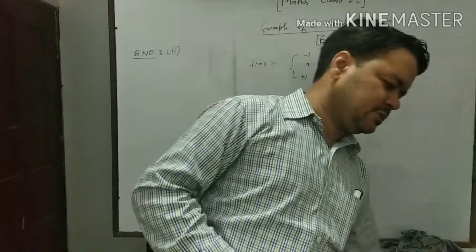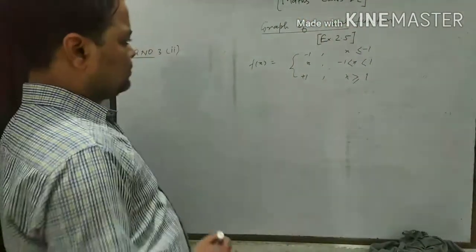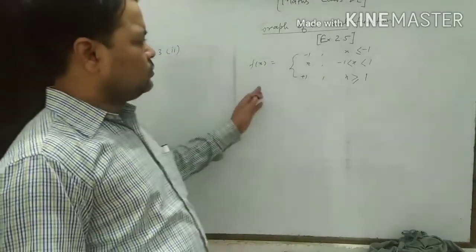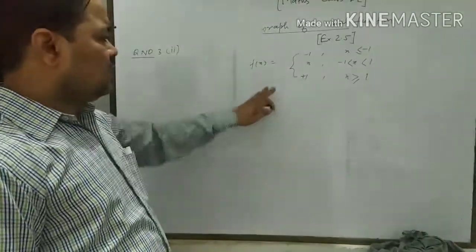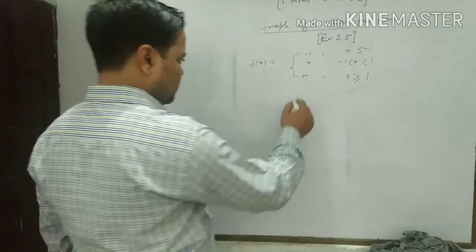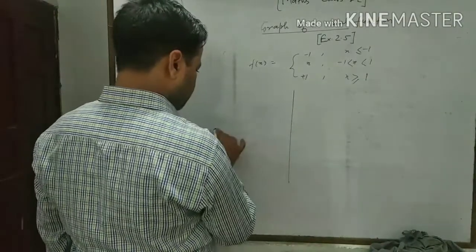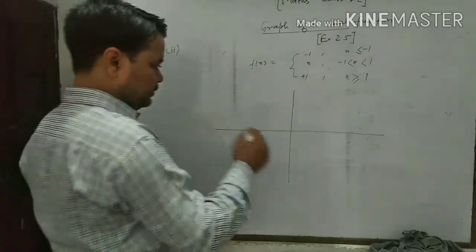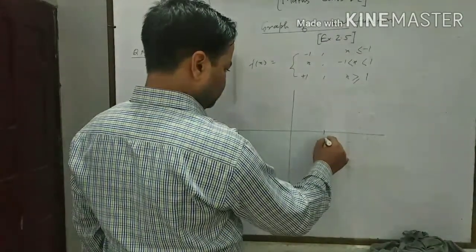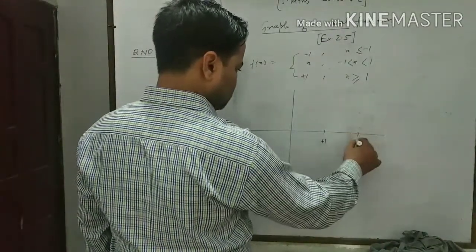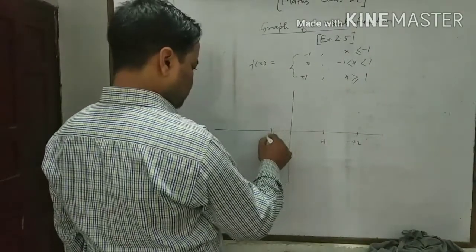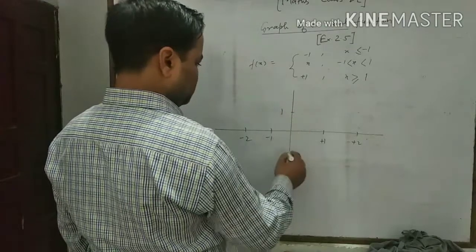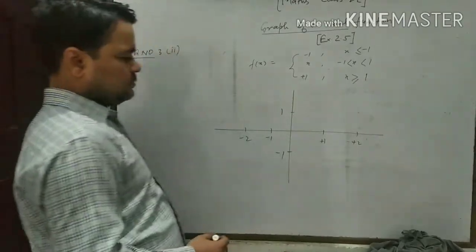Let us plot. You do not need to make a table here. Simply, let this be 1, 2, minus 1, minus 2, here 1 and minus 1.